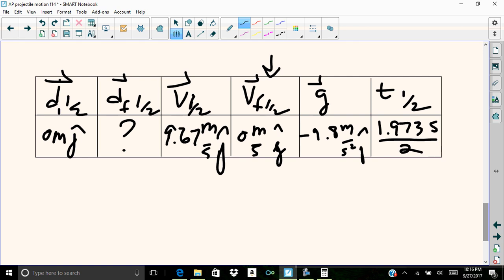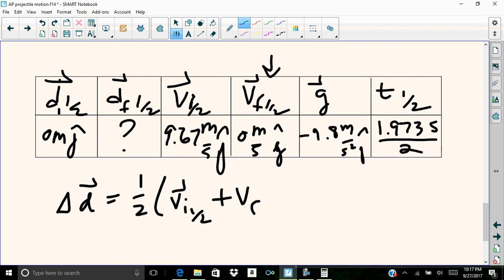So what I'm going to do is cover up the acceleration, the g, and I end up with delta D is equal to 1/2 times V initial halfway plus V final halfway, all times T halfway.